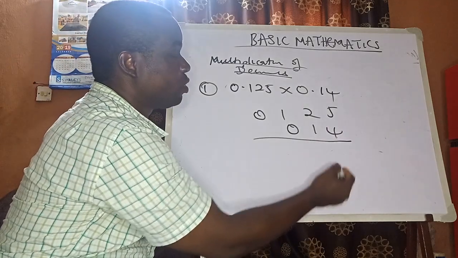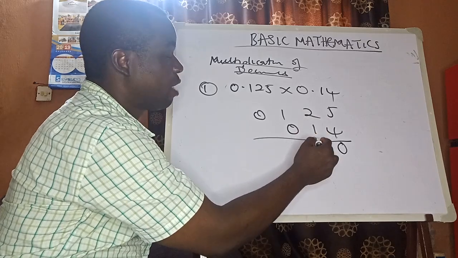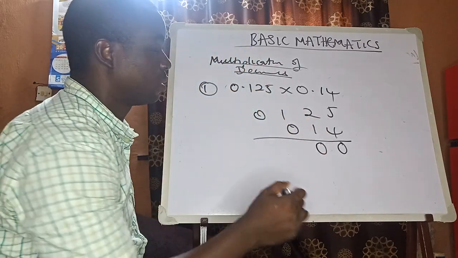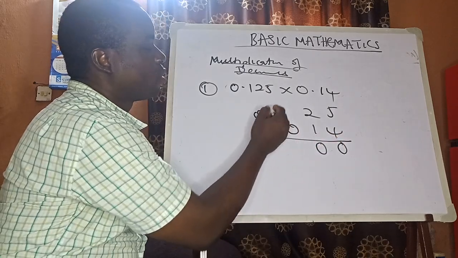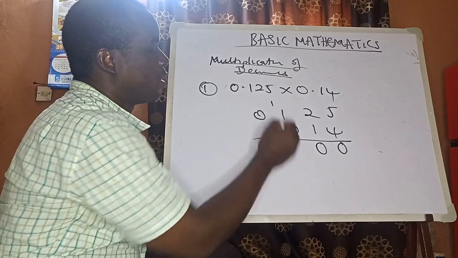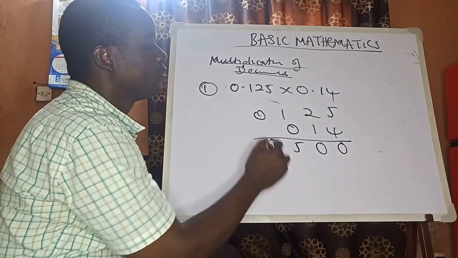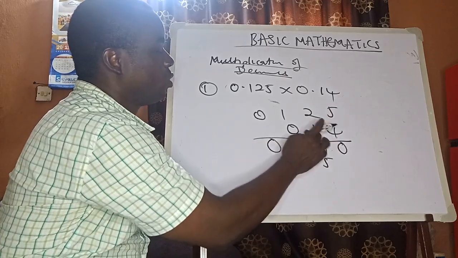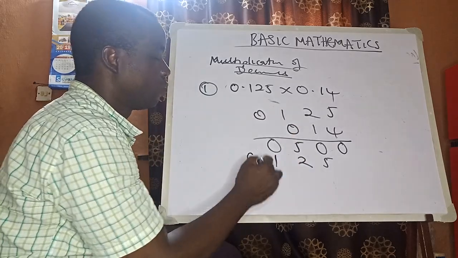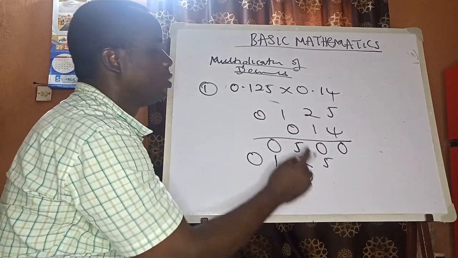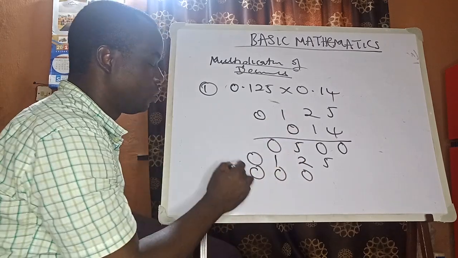4 times 5 is 20, so that is 0 carry 2. 4 times 2 is 8 plus 2, 10. So we have 0 carry 1. So 4 times 1, 4 plus 1, that's 5. 4 times 0, 0. 1 times 5, 5. 1 times 2, 2. 1 times 1, 1. 1 times 0, 0. 0 times 5, 0. 0 times 2, 0. 0 times 1, 0. 0 times 0, 0.